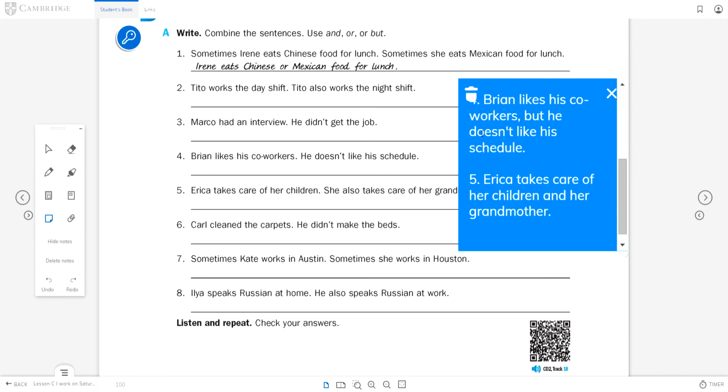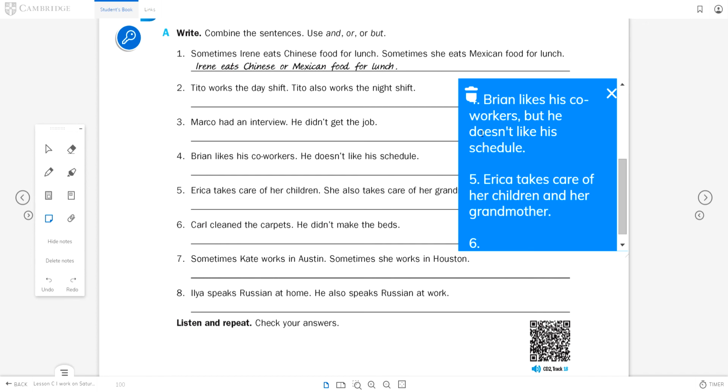Number 6. Carl cleaned the carpets. He didn't make the beds. Gives me the idea of contrast, one sentence is opposing or is different than the second one, so it gives me the idea of contrast. So I use which one?